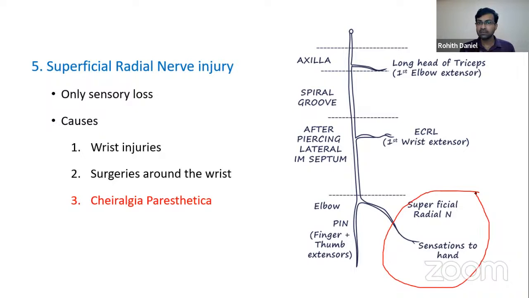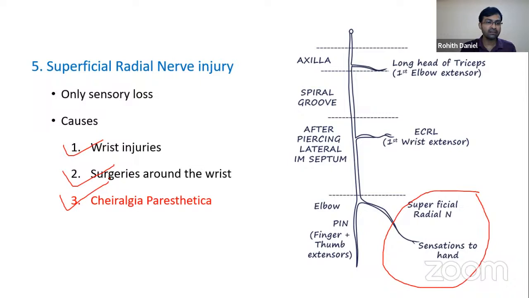And which are the conditions which can produce a superficial radial nerve injury? One is wrist injuries, or while you are doing surgeries around the wrist, or in a condition called cheiralgia paresthetica. What is cheiralgia paresthetica? Can you tell me?